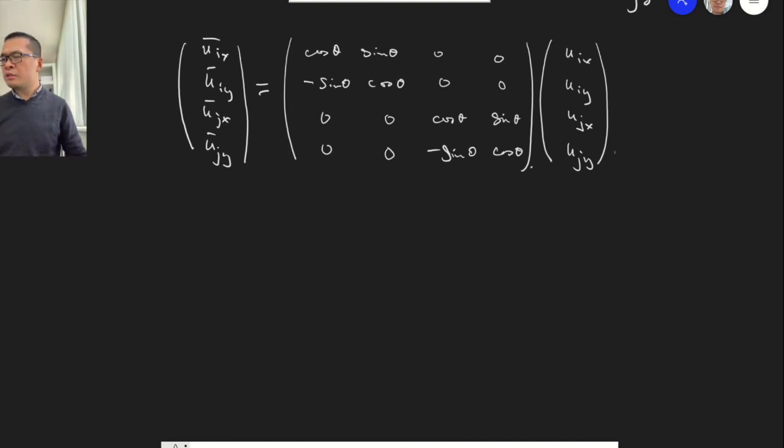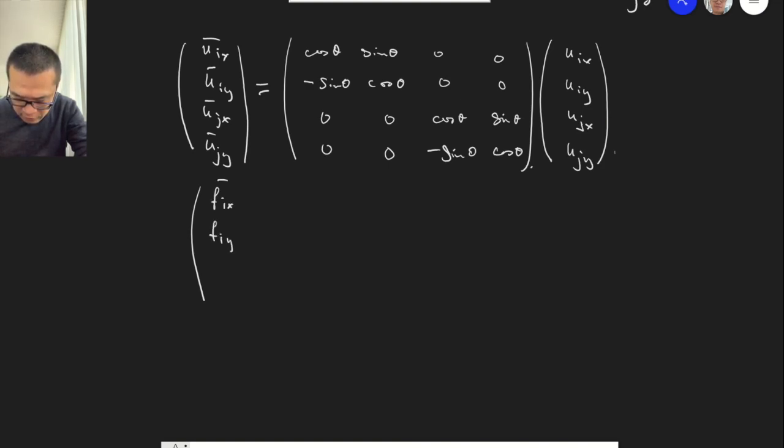And similarly, we can write the same thing for fix bar, fiy bar, fjx bar, and fjy bar.